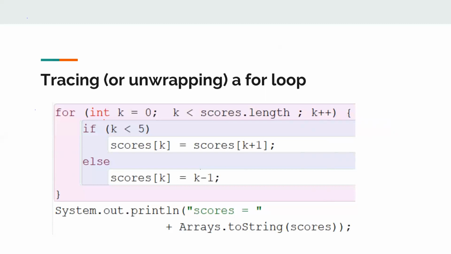So this is a for loop that goes up to the length of the scores array, and then it has an if statement inside, and depending on the value of k, it's either going to assign scores of k equal to scores of k plus 1, and think about what that's actually going to do, or it's going to just let scores of k equal the value of k minus 1.